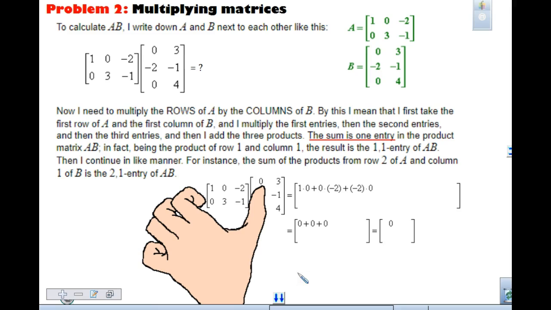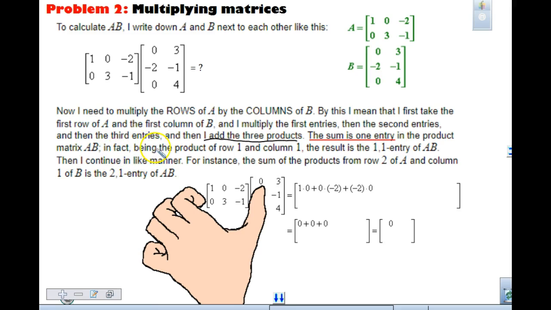Okay? So it says, now I need to multiply the rows of A by the columns of B. This means that I first take the first row of A and the first column of B, and I multiply the first entries, then the second entries, then the third entries, and I add these 3 products together. That sum is the only entry that I'm putting in.